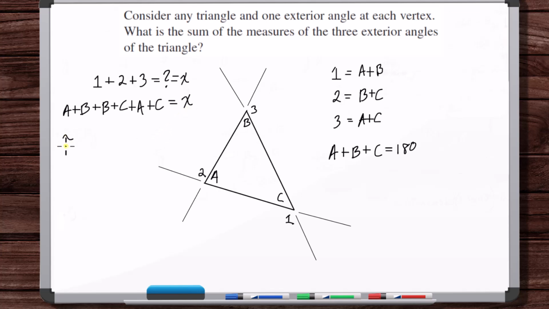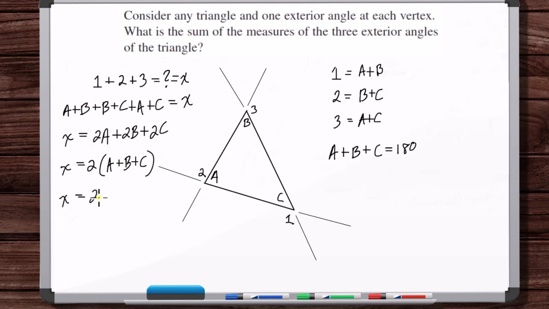Okay, so X is equal to, we've got 2A plus 2B plus 2C. All right, well, let's factor out a 2 here. 2 times A plus B plus C. Okay, well, A plus B plus C is 180.